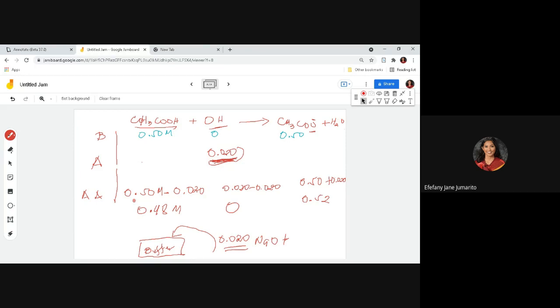So your acetic acid will become less, and your OH will be consumed, that's why it became 0. And your CH3COO minus will become more, so that's why it has a plus. Because it's a product, when we have a product, its concentration is added. So we have 0.52. Okay, we have that concentration.